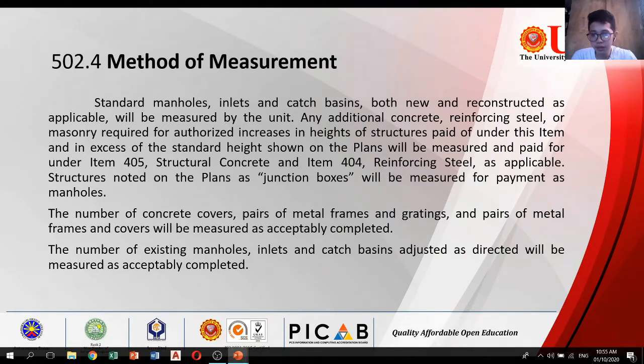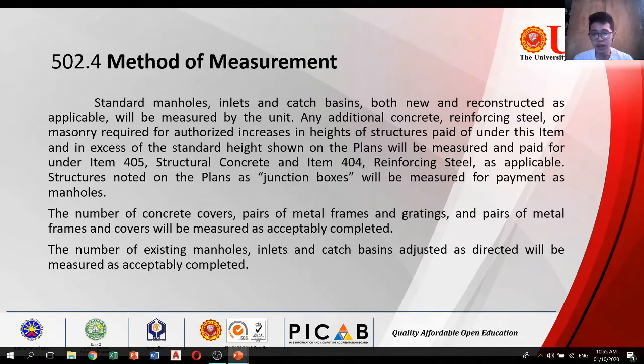Method of measurement. Standard manholes, inlets, and catch basins, both new and reconstructed as applicable, will be measured by the unit. Any additional concrete, reinforcing steel or masonry required for unauthorized increases in heights of structures, paid under this item and in excess of standard size shown on the plans, will be measured and paid for under item 405.